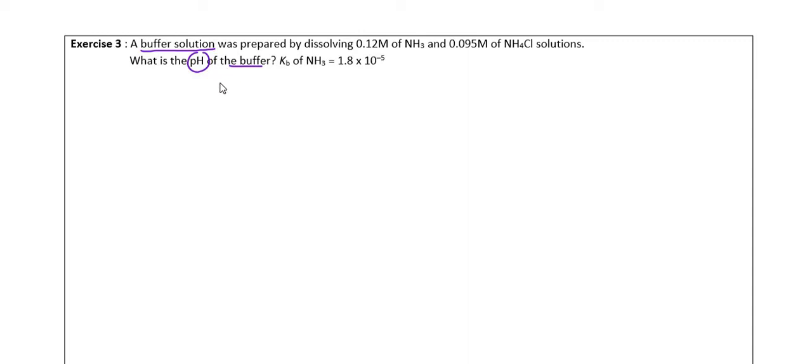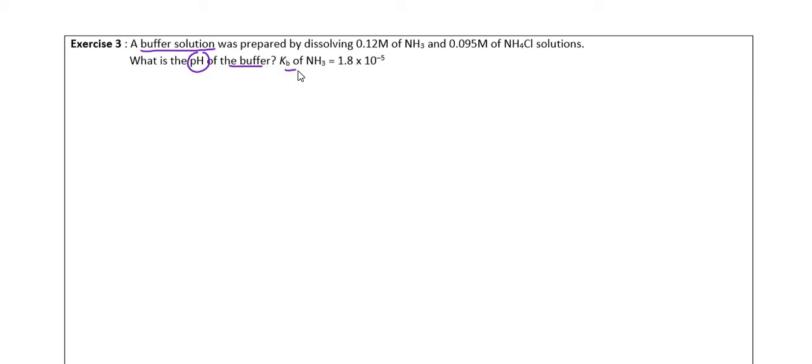This buffer did not mention acidic or basic. Can you guess? Yes, it is a basic buffer solution because it gives you the value of Kb. So this is confirmed a basic buffer.